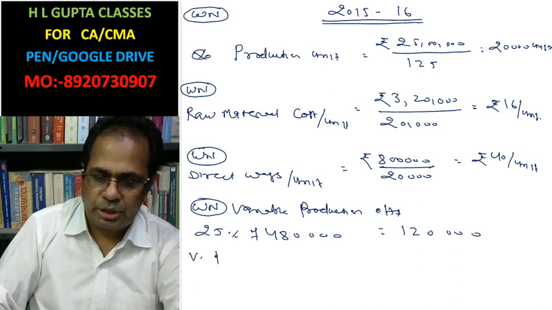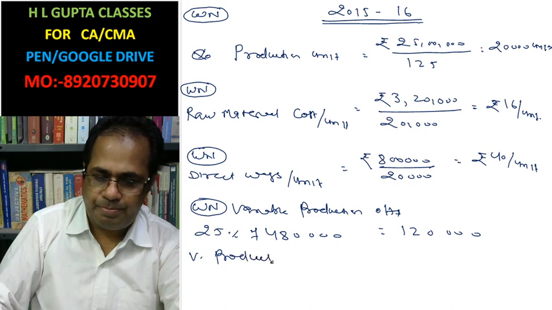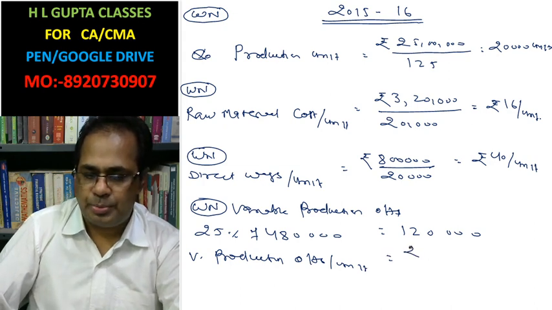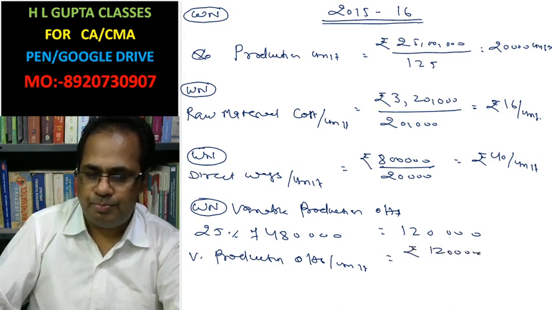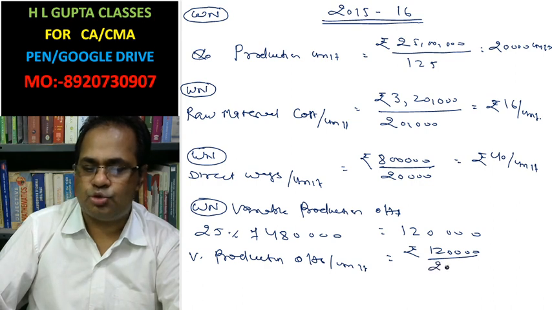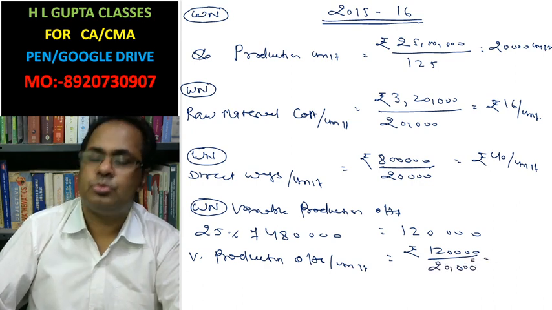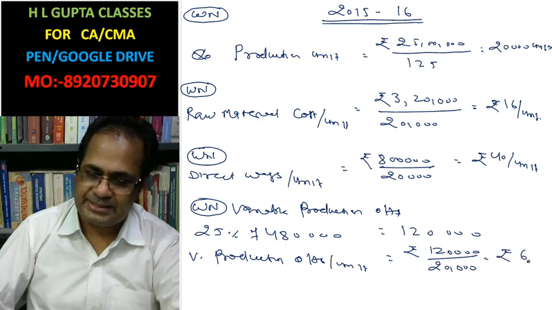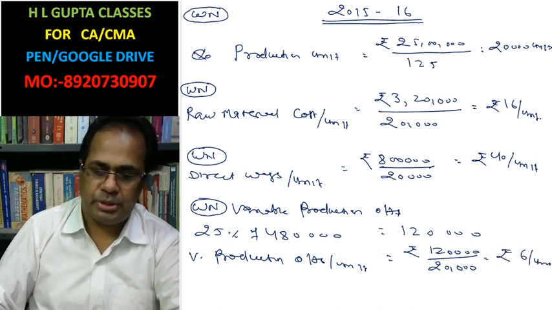Variable production overhead per unit: rupees 1,20,000 divided by 20,000, because the production is 20,000. This is rupees 6 per unit.